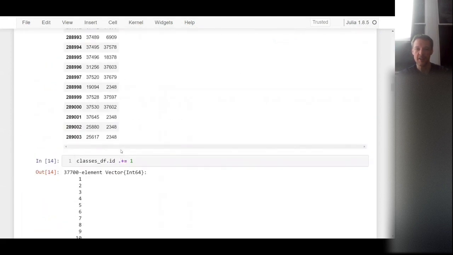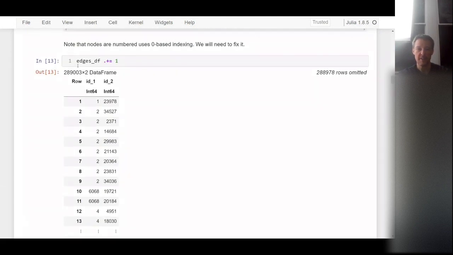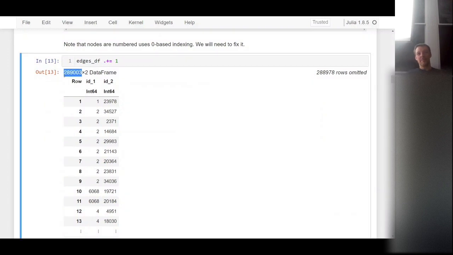Now I go back to my original data frame with edges, and we can see that I get exactly the same number. What does it mean? That I have exactly the same number of edges in my graph as the number of rows in my source data frame.